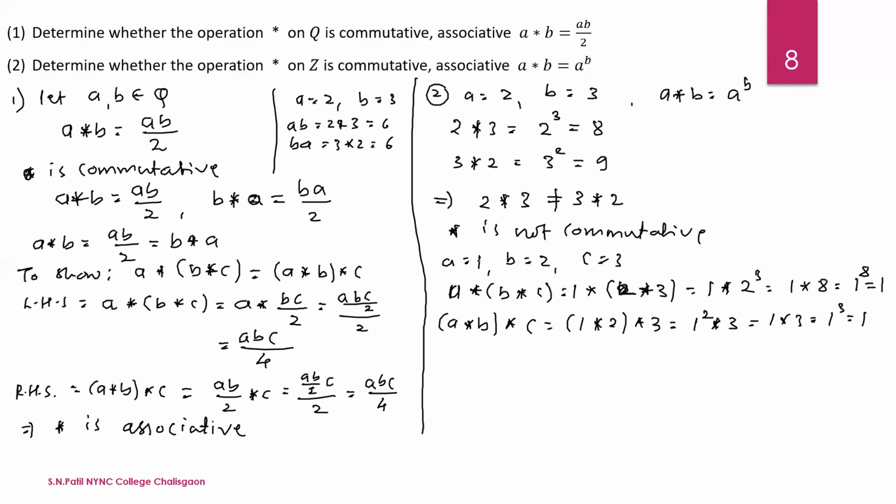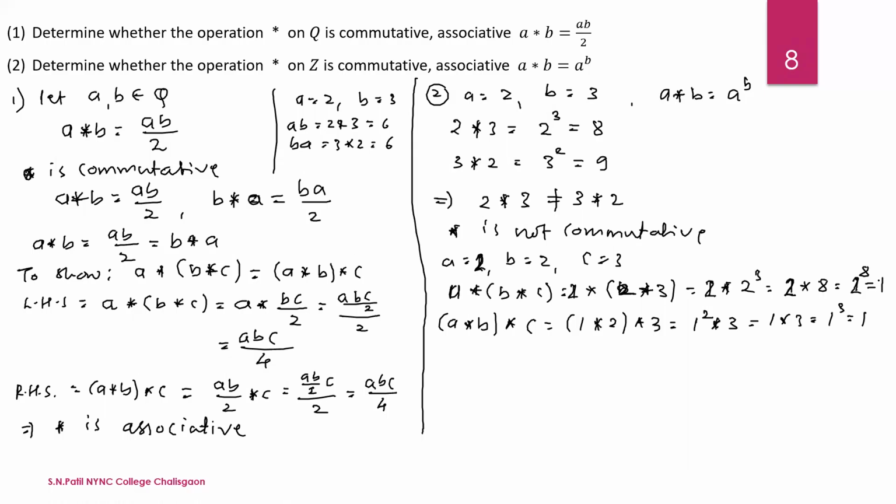But if you change this, suppose you take 2 here, then here 2, 2 raised to 3 is 8, and here 2 raised to 8. So what is the value of 2 raised to 8? It is 256.